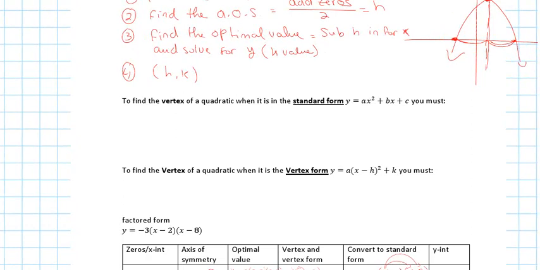So when I go from standard to factored by doing sum and product, difference of squares, or greatest common factor, then I can do finding zeros, finding axis of symmetry, and so on. So from standard to vertex, you're going to have to first factor, then follow the steps above.